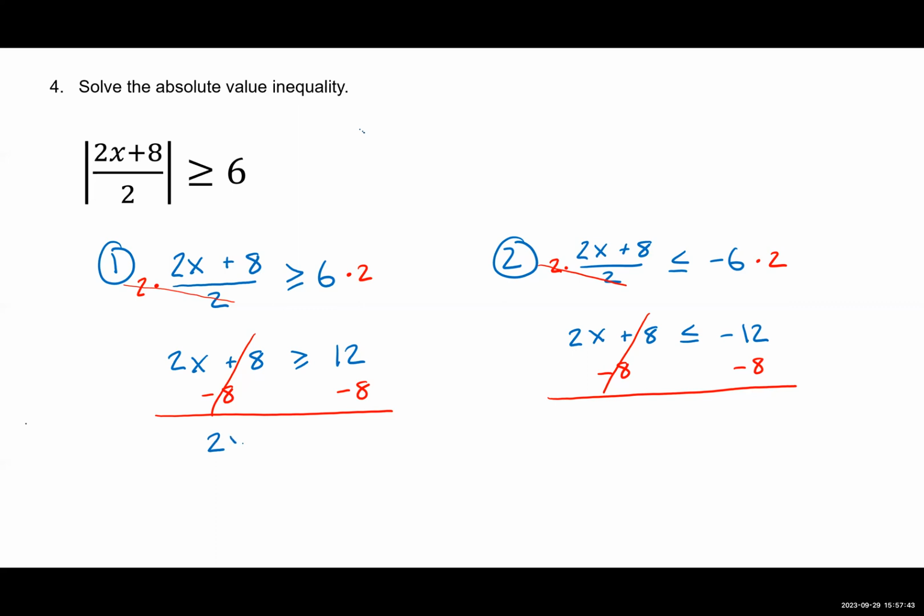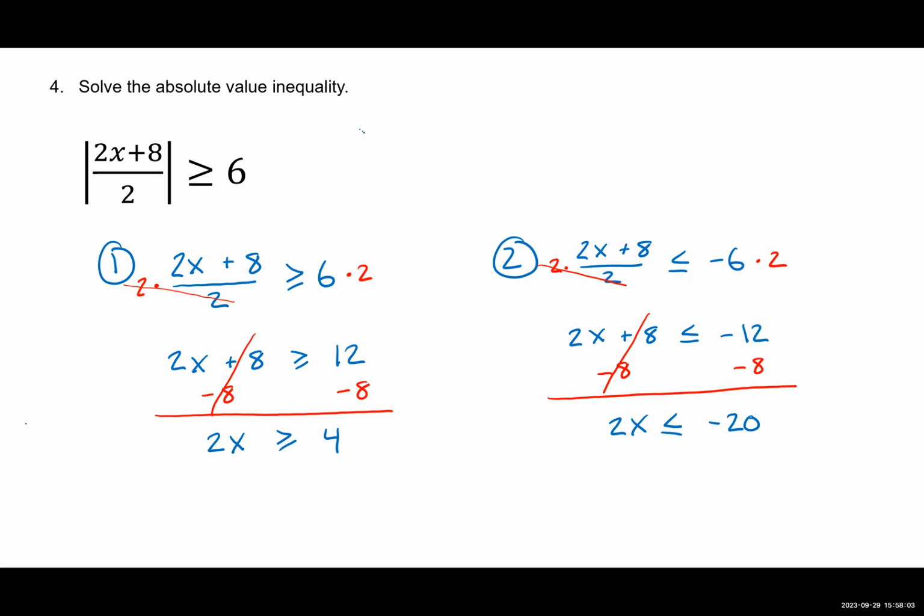So we get 2x on the left. But on the right hand, the first problem, 12 minus 8 will give us 4. On the other one, number 2, -12 minus 8 will give us a -20.